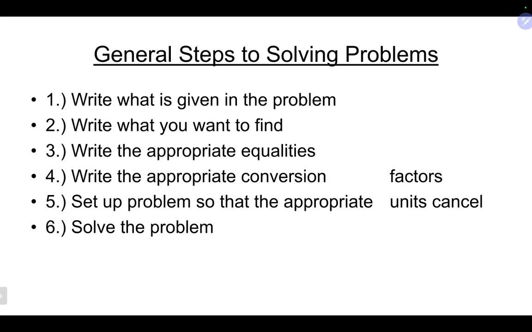Any equalities, obviously, that would be appropriate in this type of conversion. The conversion factors that go along with that. Really, the most important thing in all the work that you do in chemistry classes is number 5, which is to set up the calculation where you see all the units canceling and everything like that, like I just demonstrated there on the last page. And then obviously you should solve it to the correct number of sig figs, right?